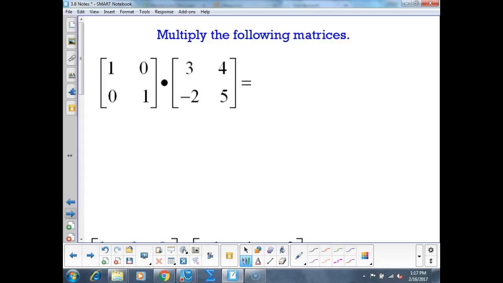Because when you take the identity matrix and multiply it by any old matrix, what should you get? If I take the identity matrix and multiply it by a matrix, I should get the matrix back, right? Verify it so that it's so.